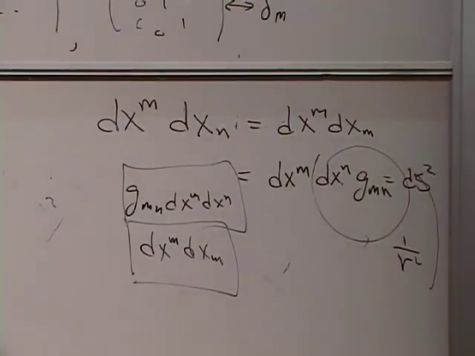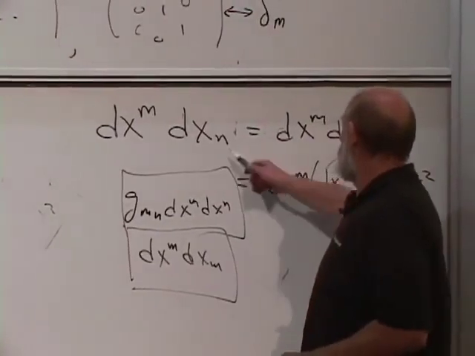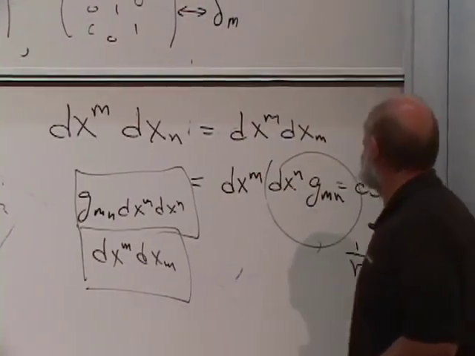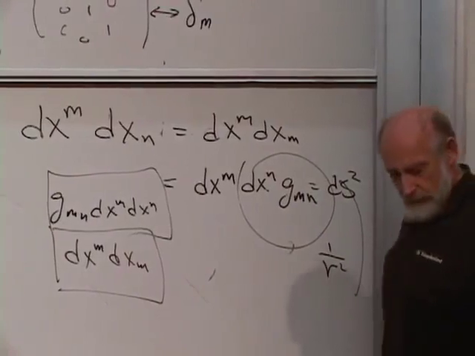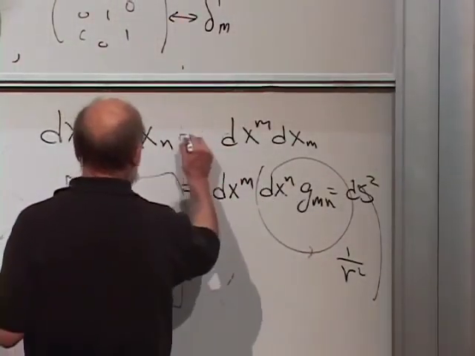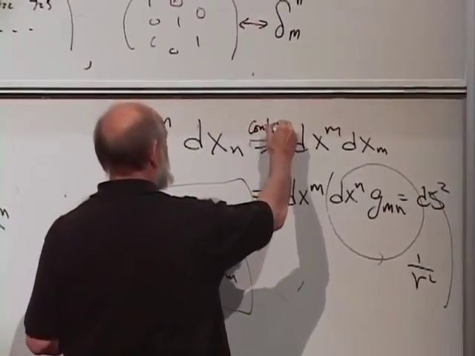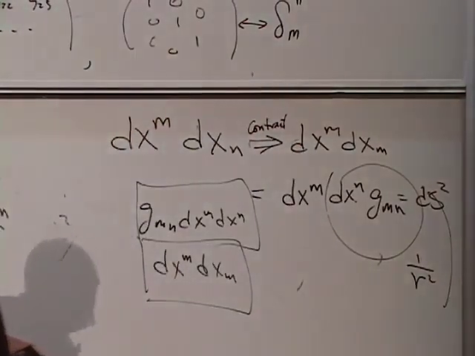Would you go back over that first equation you wrote, dx^m superscript and then subscript? Here? Yes, and you ended up making those equal to a scalar. Sorry, I didn't mean to write equals. I just meant it goes to by contracting the indices. I did not mean to write an equation.